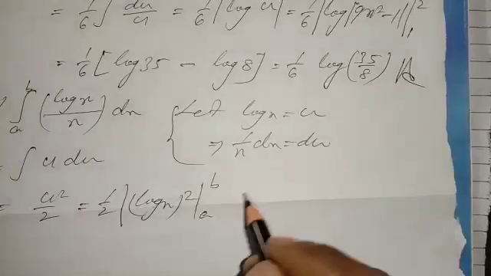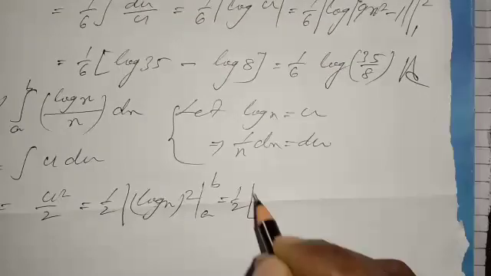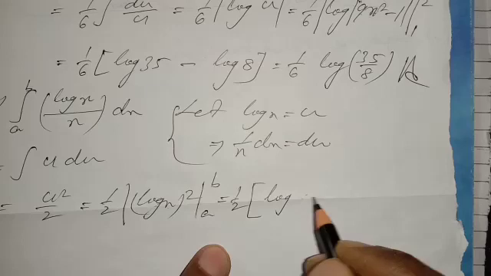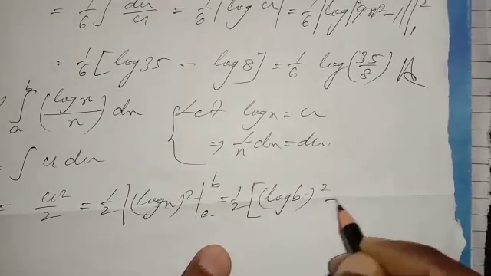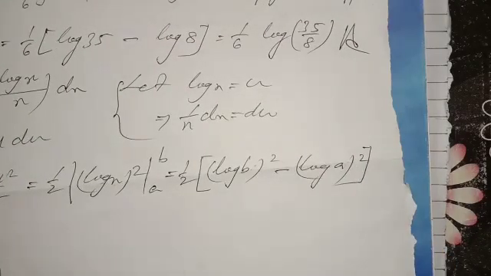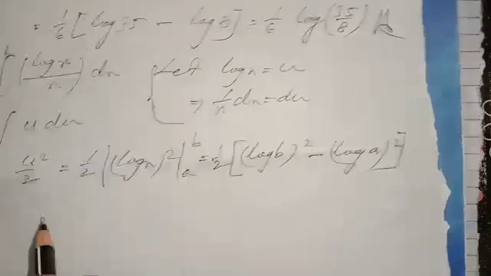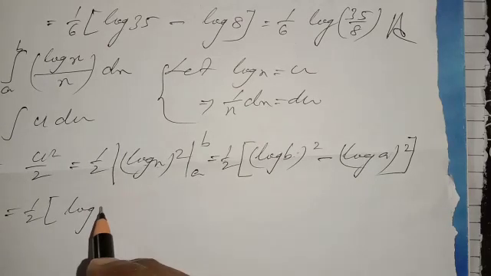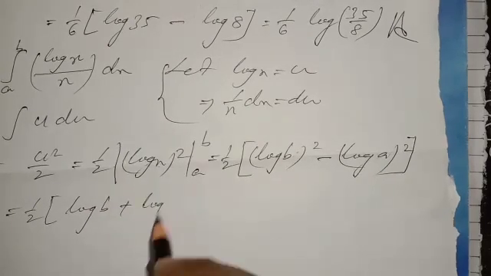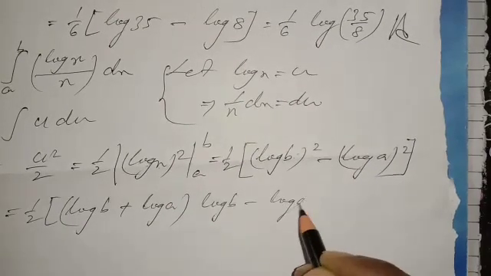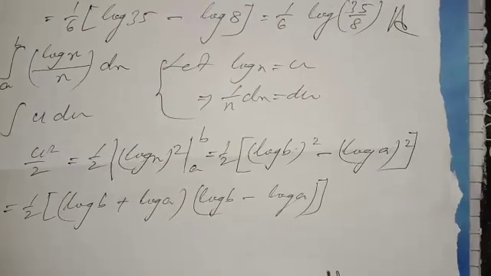After that you have to write 1 by 2, upper limit value, putting x equal to b, log b whole square minus log a whole square. Okay, you can apply here a square minus b square, that will be 1 by 2 into log b plus log a, and another one log b minus log a, using a square minus b square formula.